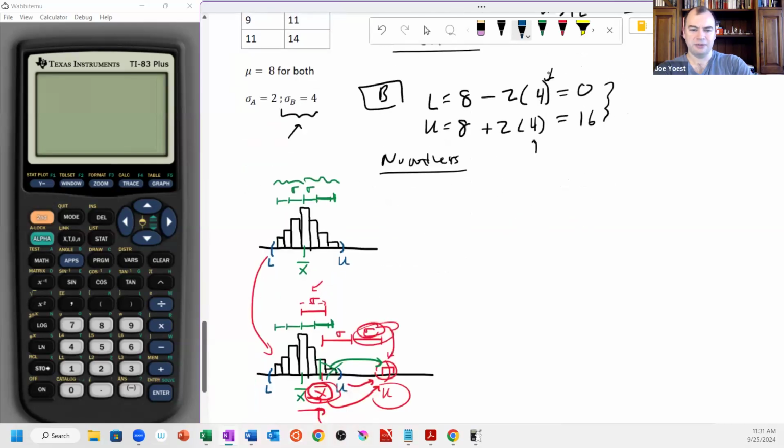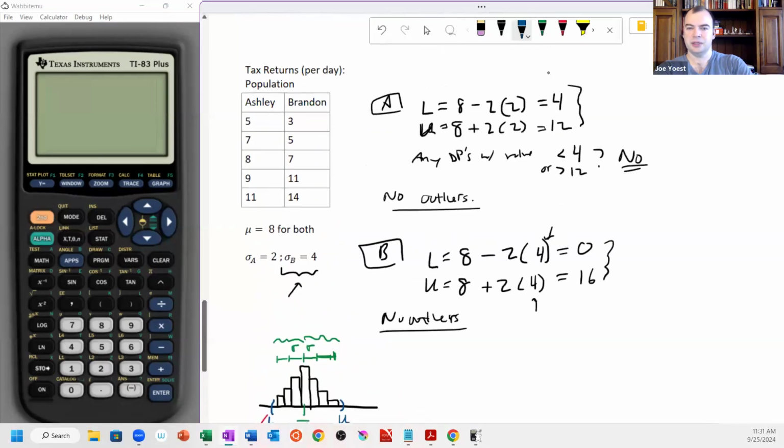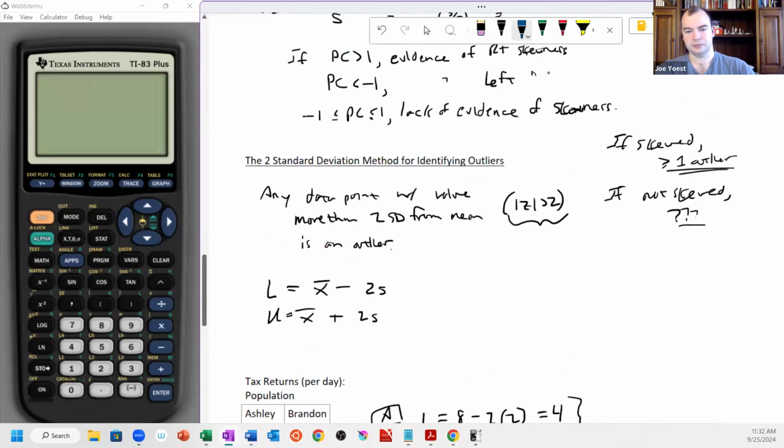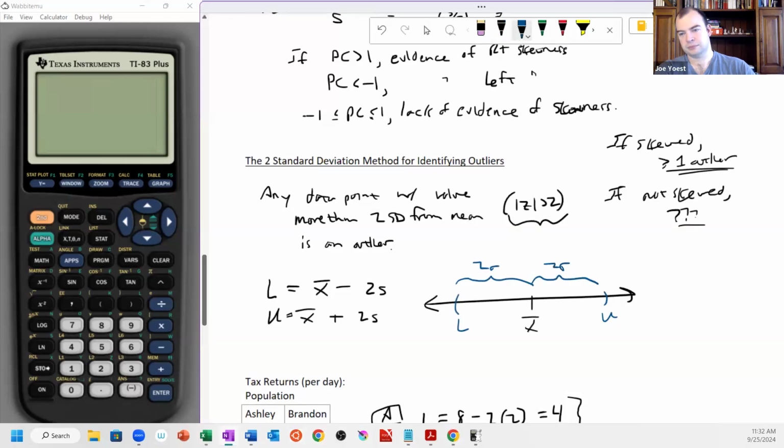But wait, what did I have up here? If I look at my 2 standard deviation method, I have a span of 4 standard deviations.